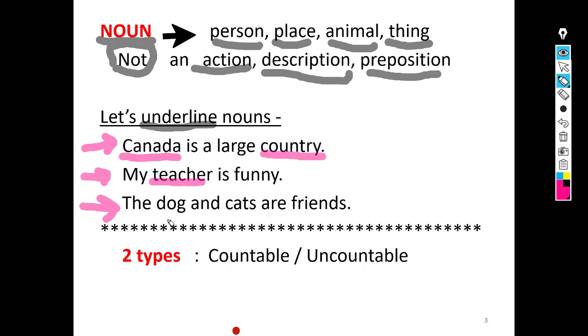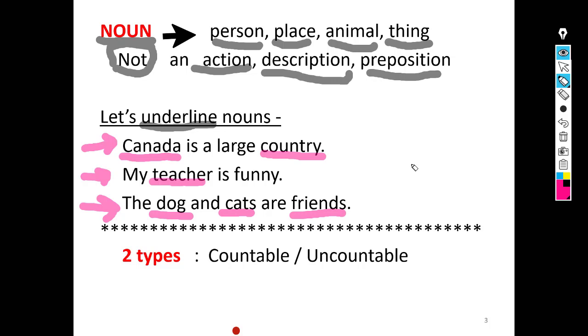The dog. So we have dog here, and it's an animal. Cats. Cats are nouns, and we have the word here, friends. The word friend is also a noun. Okay, so these are what I underlined with pink. Okay, all nouns.